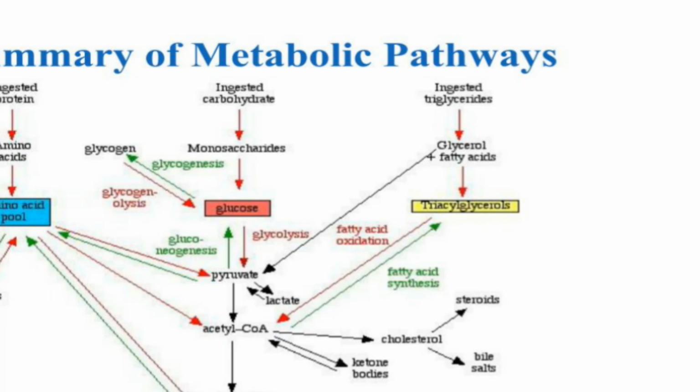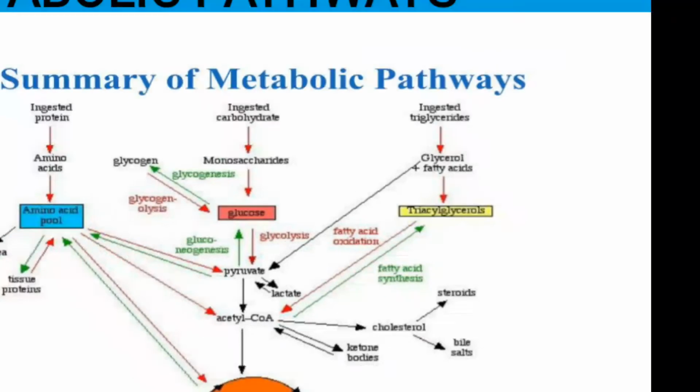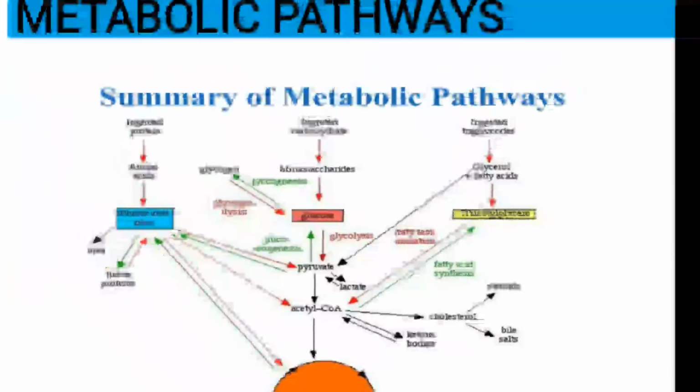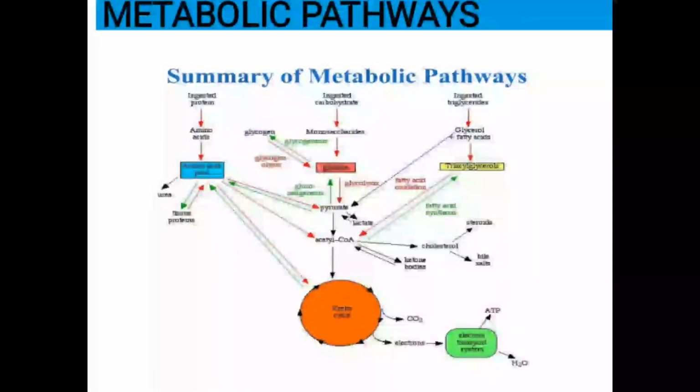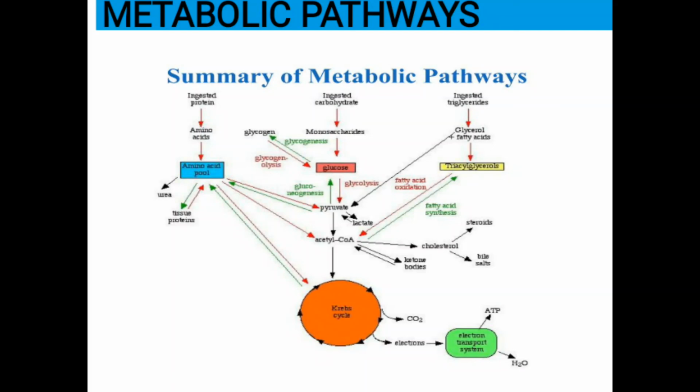All right, so this is just the summary of the metabolic pathways that occur within. Then from the Krebs cycle, it goes to what we call the electron transport chain. This is where hydrogen and electrons are used to produce more ATP.